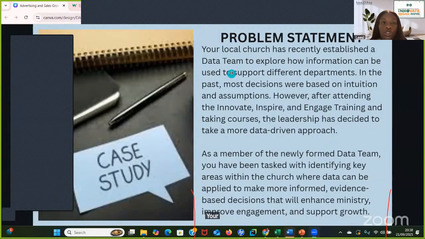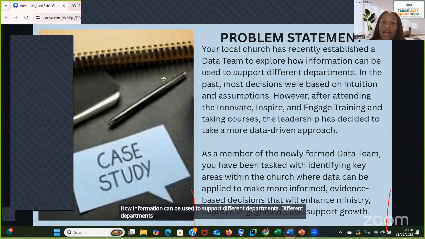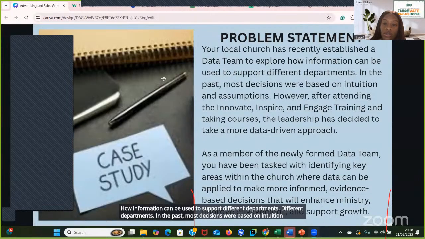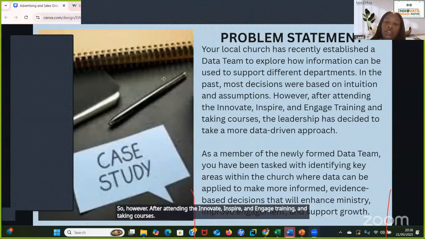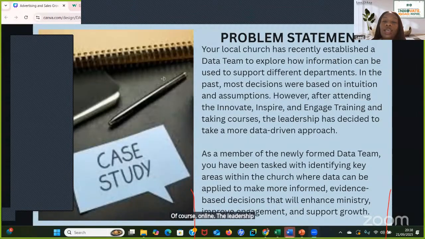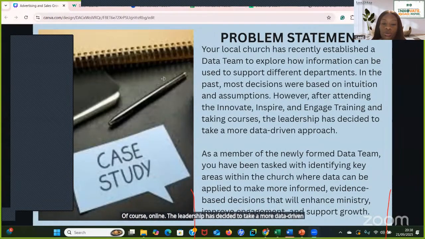Okay, so there's a problem statement here. Your local church has recently established a data team to explore how information can be used to support different departments. In the past, most decisions were based on intuition and assumptions. However, after attending the Innovate, Inspire, and Engage training and taking courses online, the leadership has decided to take a more data-driven action.